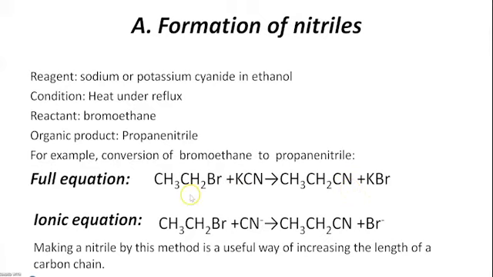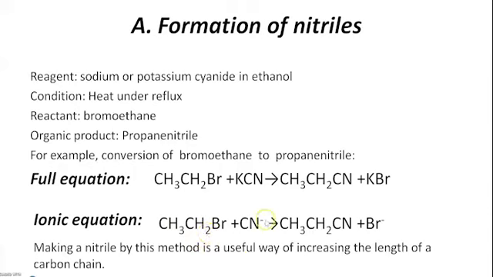Full equation: bromoethane reacts with potassium cyanide, dissolved in ethanol, to produce propane nitrile and potassium bromide. Ionic equation: bromoethane reacts with cyanide ion. So what is the difference? The organic product is the same, the reactant is the same, the reagents are different.